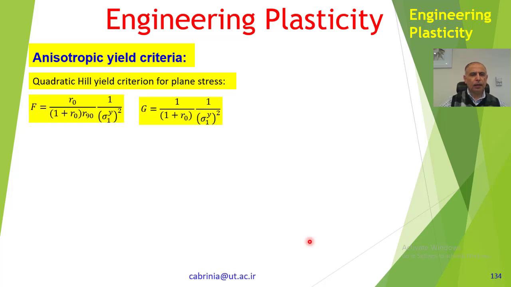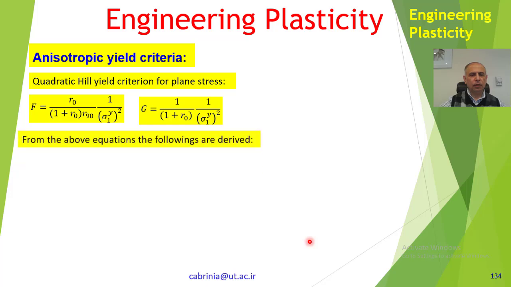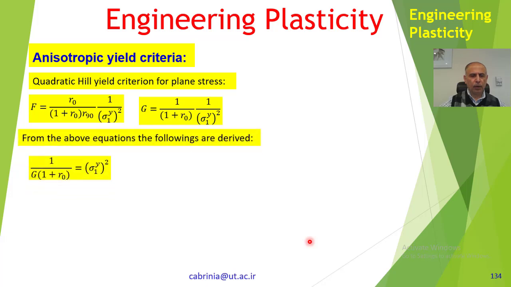And then using these values we obtain these relationships. You can see here that we can get sigma 1y to the power of 2 equal to 1 over, in fact 1 over this is equal to 1 plus r0 times g.